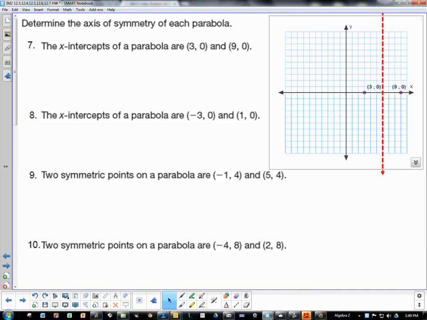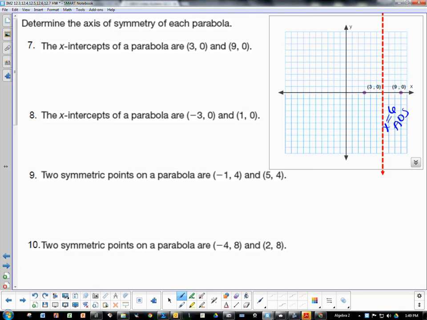It's going to be right about here. So you can kind of see it's going to be 1, 2, 3 away, and then 1, 2, 3 away. The equation of this has to be x is equal to, well, that looks like it's going to be 6. There's your axis of symmetry. All right? So it's directly between.